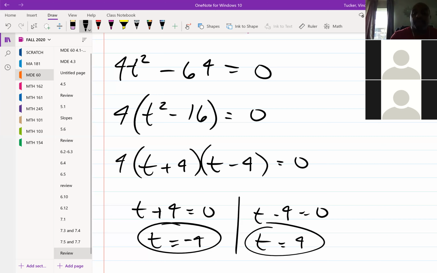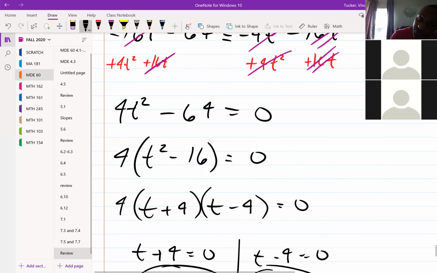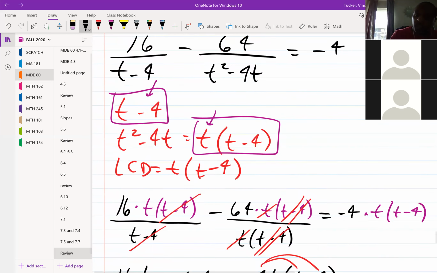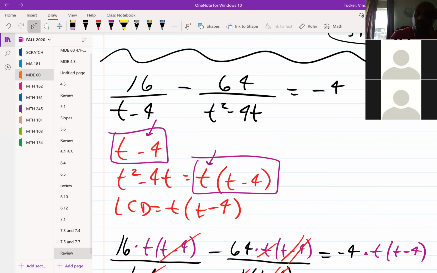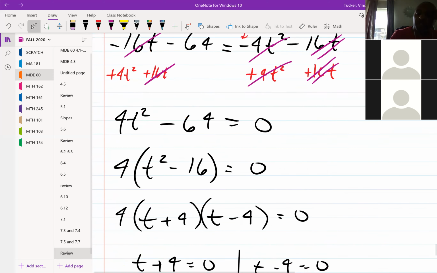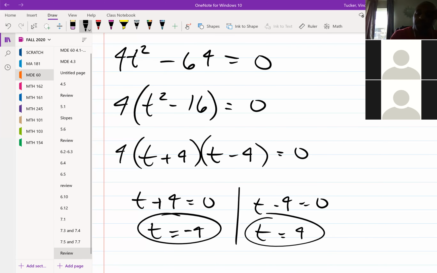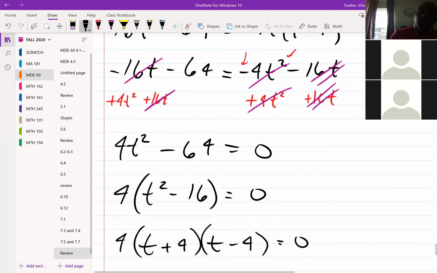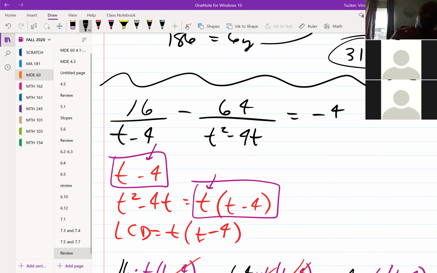Now here we have -4 and +4. Don't forget we started off with the denominators. And we have to make sure that our denominators do not produce scenarios in which our solutions aren't true or unable to be used. So let's look at our LCD.